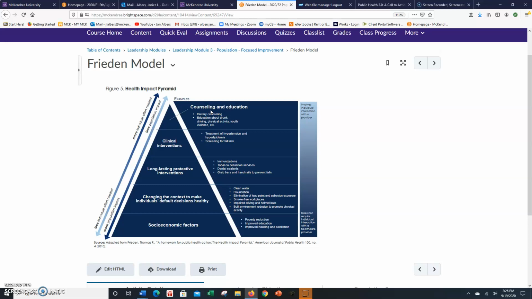And to a certain degree, the goal is to make healthier choices the easiest choices. And we all know that that is not necessarily the truth at this point. So again, these are all factors to consider as you're moving forward with your population health practice and your leadership practice as well.